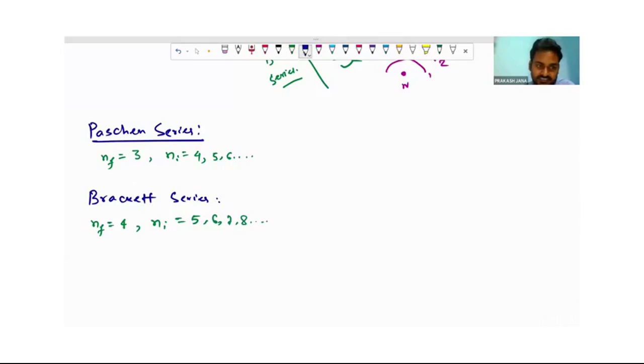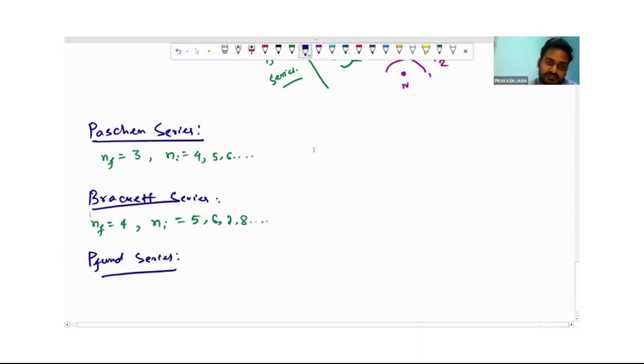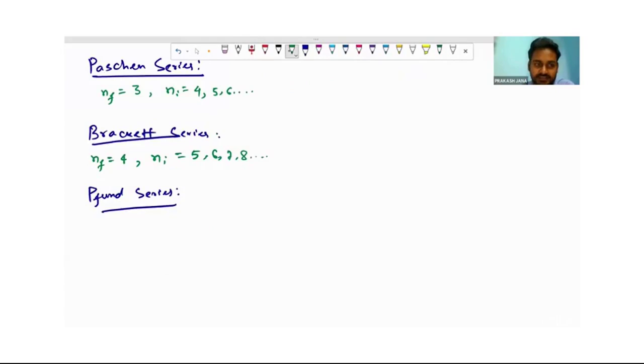Okay, the next series is Pfund. I hope you can now get what the initial and final will be. The final state will be just increased by 1, that is 5, and the initial one will be 6, 7, 8, 9, 10, and so on.